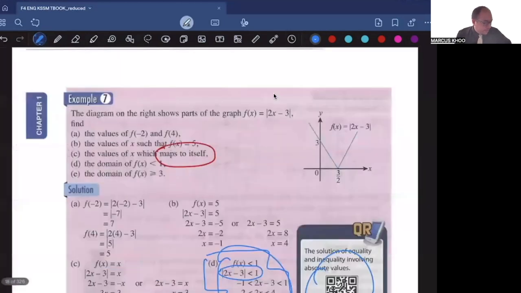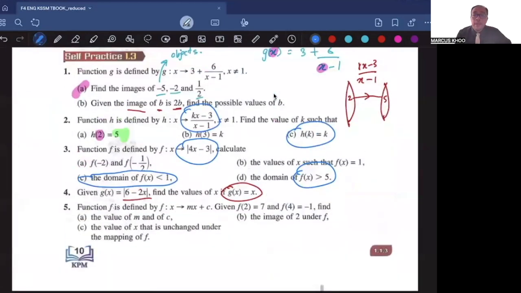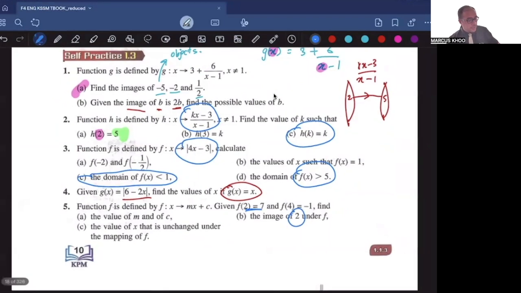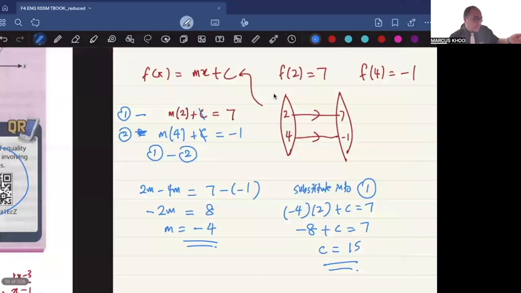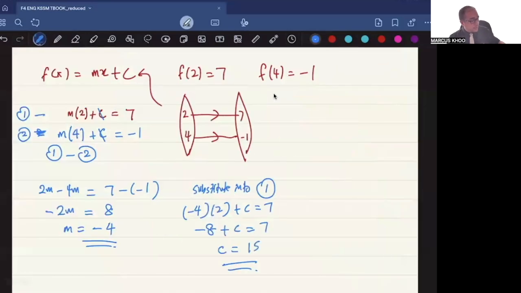For question B, the image of 2 under f. The object is 2, and actually it is given already. Look, the answer here is 7. But let's just double check. Since our c is 15 and our m is -4, our function is -4x + 15.